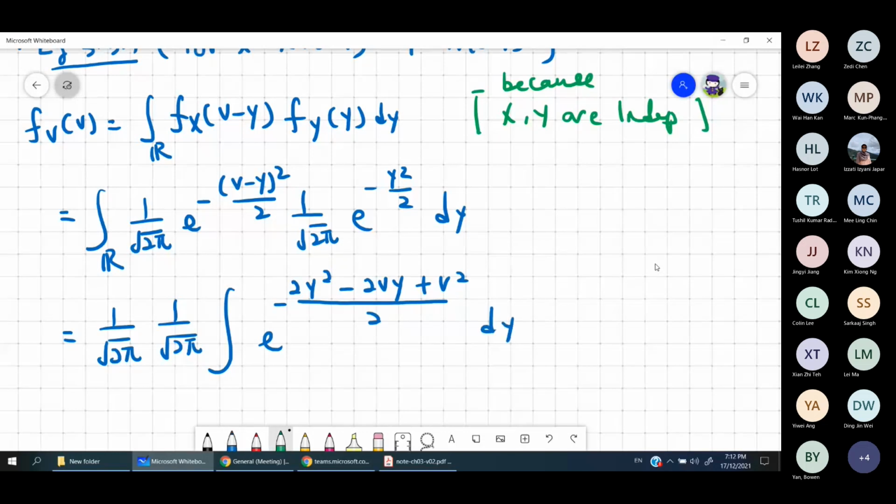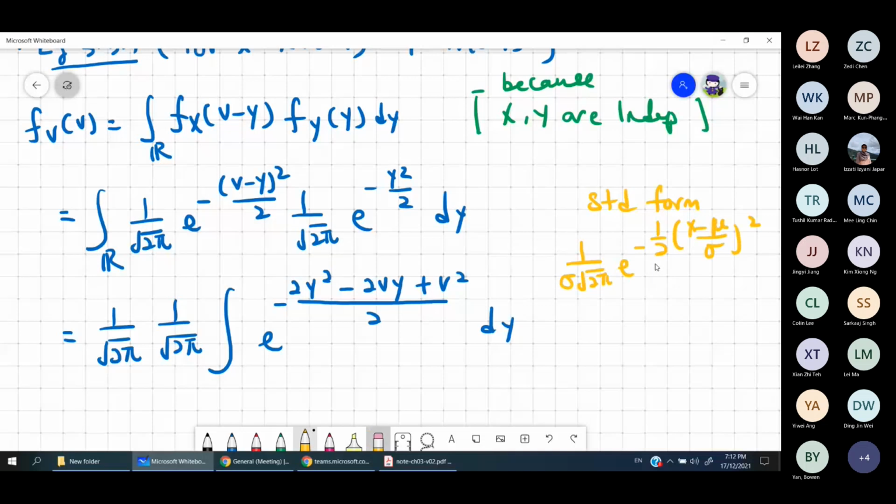So again, if you recall the standard form for the normal distribution, the normal distribution will be 1 over sigma square root of 2 pi, e to the minus 1 over 2 times (x minus mu over sigma) squared.